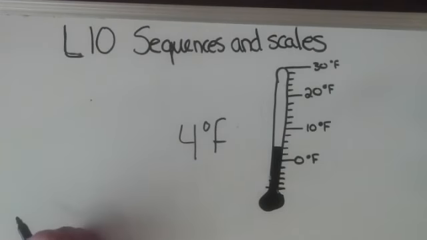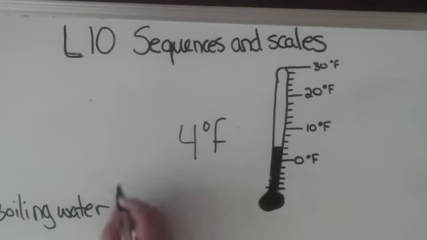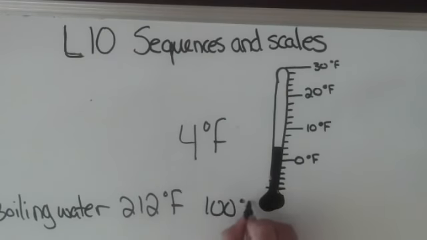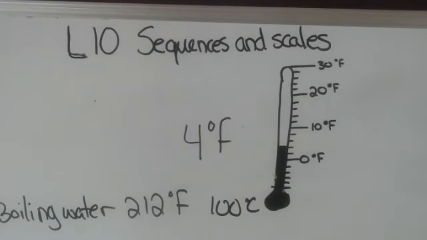Some quick temperature facts. Boiling water is 212 degrees Fahrenheit or 100 degrees Celsius. That's boiling water.